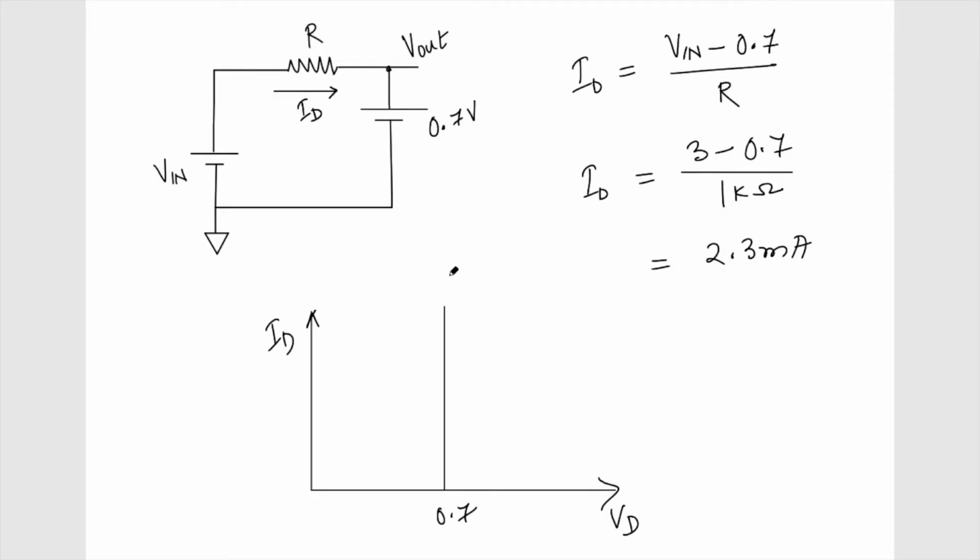If you see this slope, it is not defined. The current is not defined by this model; it is mostly defined by this resistor. So this is an important point.